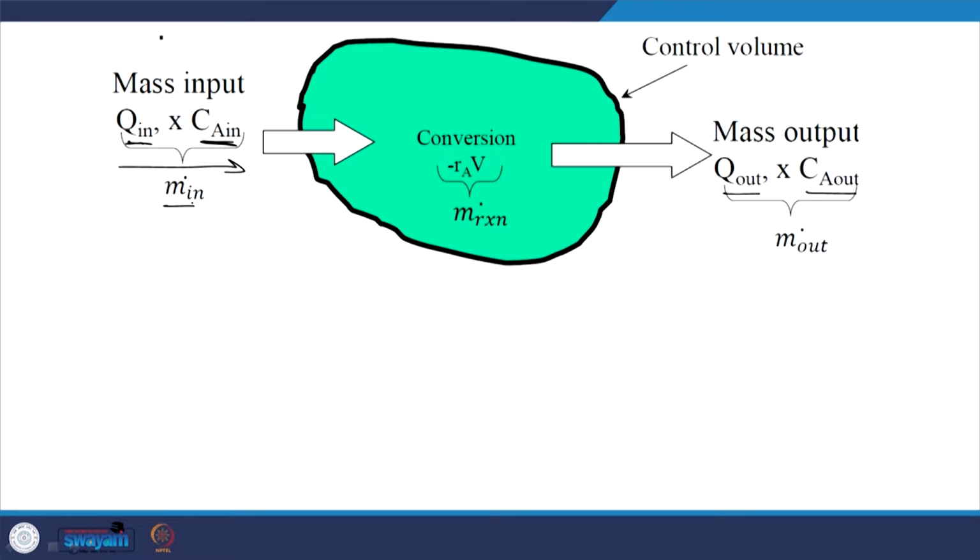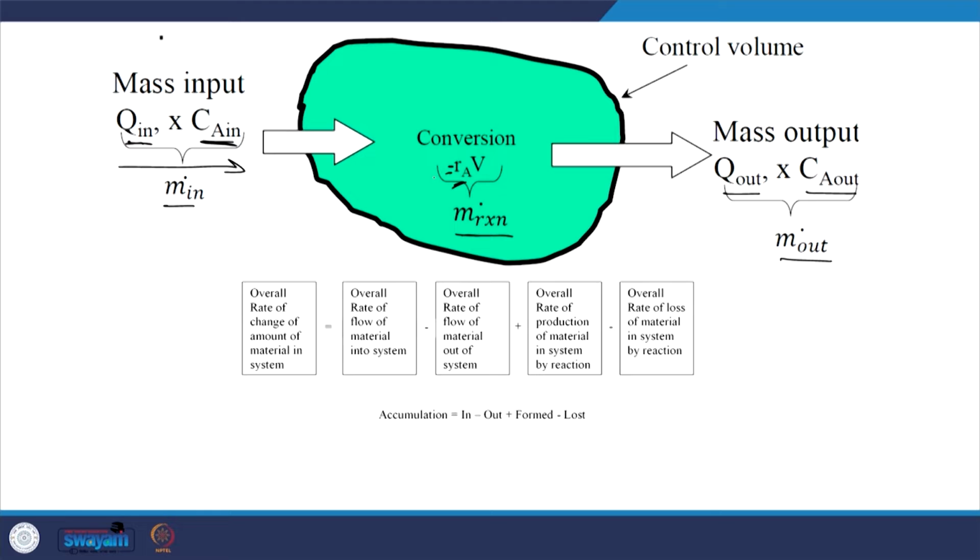So, mass coming in and mass going out, and also the compound is being converted due to reaction, and that is due to this particular reaction here, rate of loss of that compound. Why am I saying loss? Because we have a negative out here. So, to put it in general terms, we have accumulation, we have mass coming in, mass going out, we have the compound being formed due to reaction, compound being lost due to the reaction.